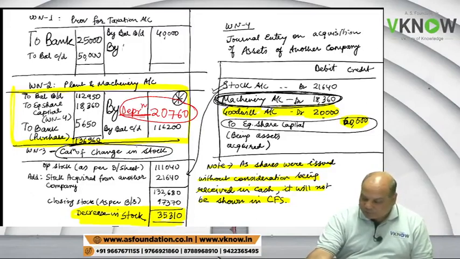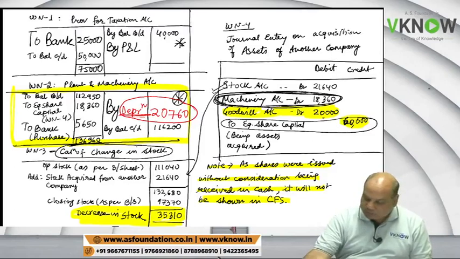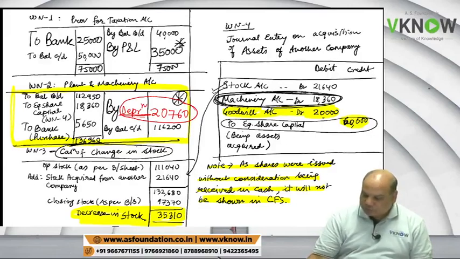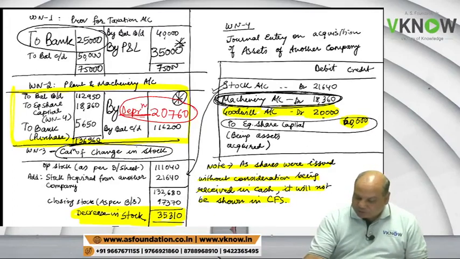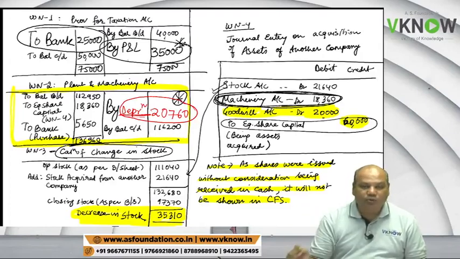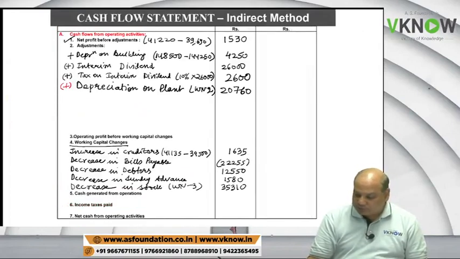And by P&L account balancing figure, take total of the debit side, 75,000 minus 40,000 is 35,000. So what I'll do, I will write down payment made in income tax paid, and 35,000 is current year provision.